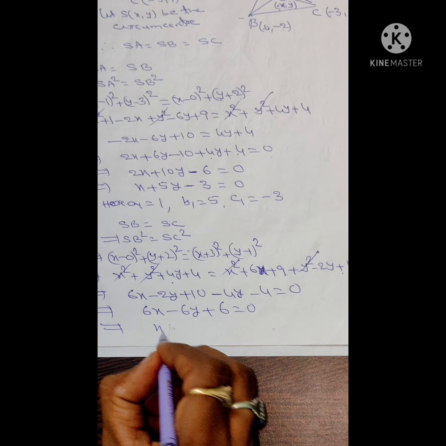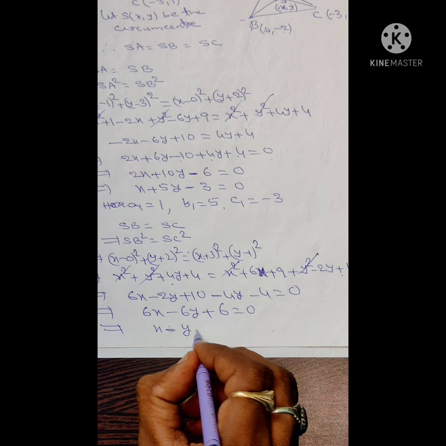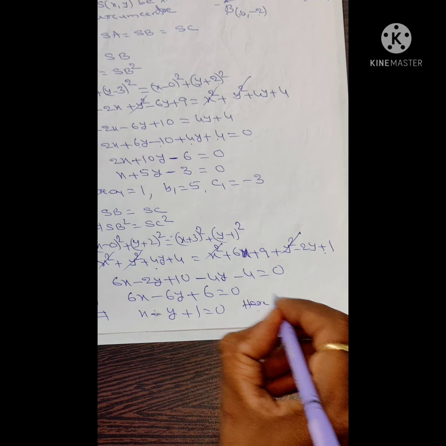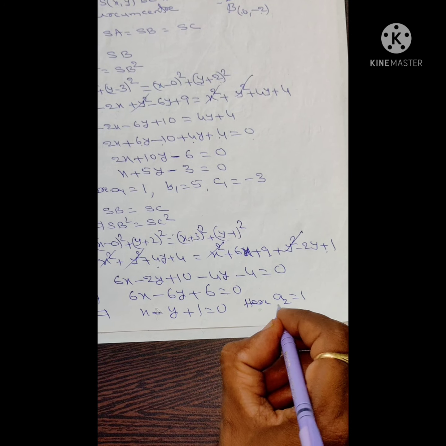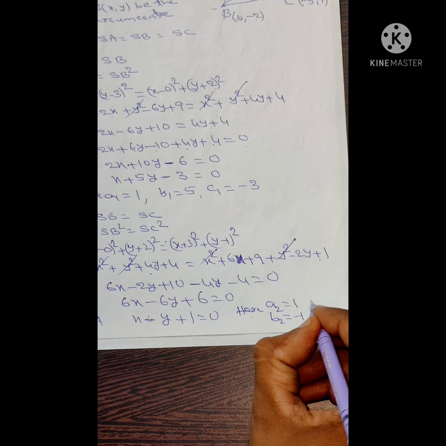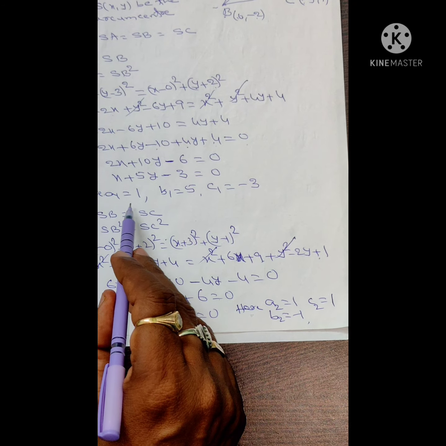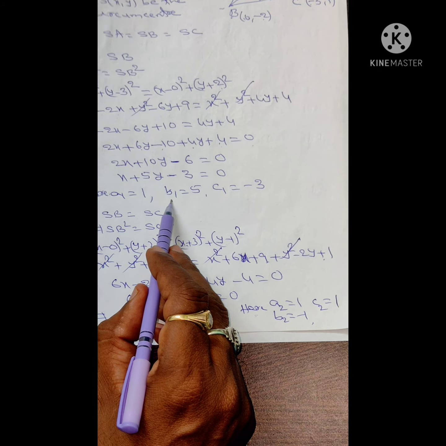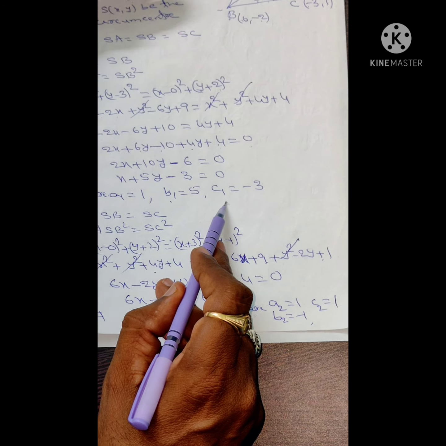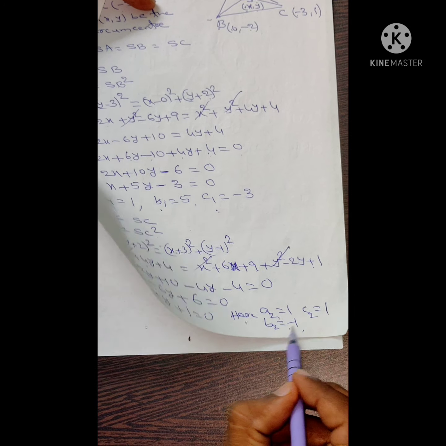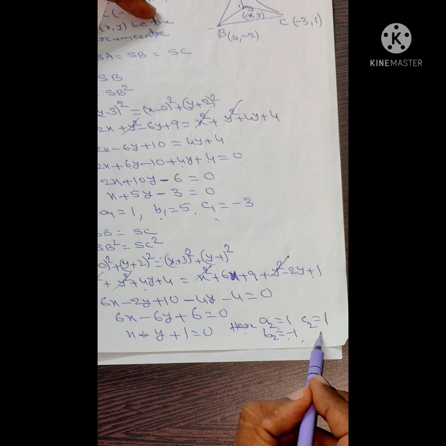This implies x minus y plus 1 equals 0. Here a2 is 1, b2 is minus 1, c2 is 1. So a1 is 1, b1 is 5, c1 is minus 3, and a2 is 1, b2 is minus 1, c2 is 1.